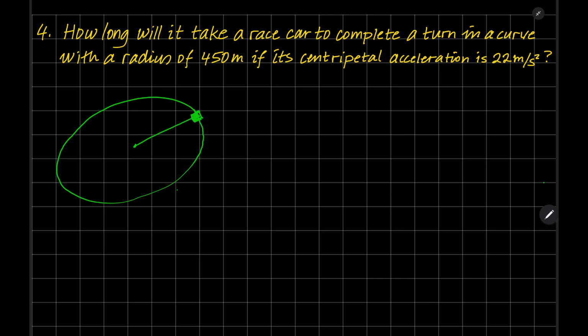This is the curve with a radius of 450 meters, so r is equal to 450 meters, and the centripetal acceleration is equal to 22 meters per second squared.